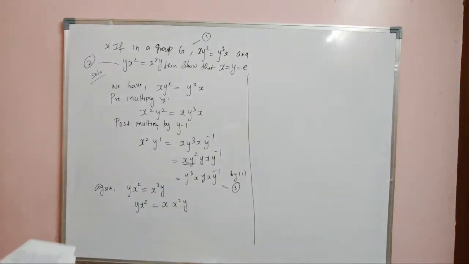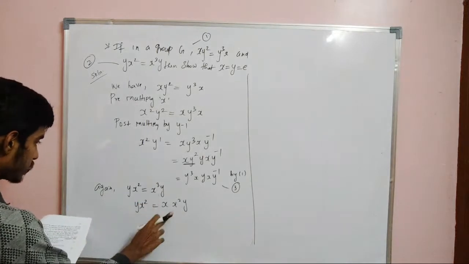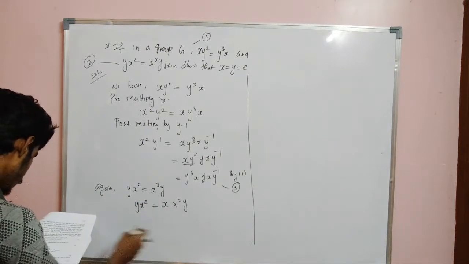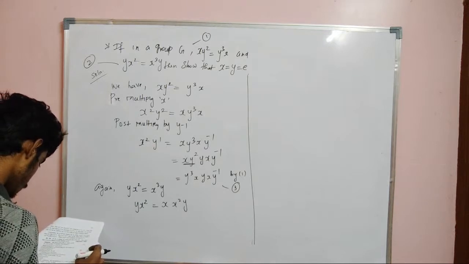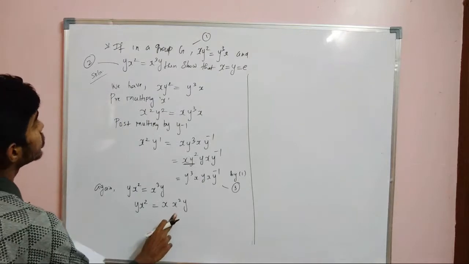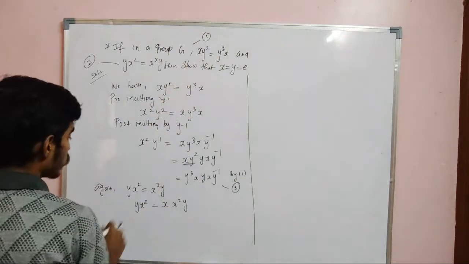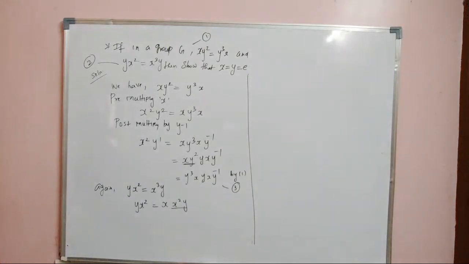So y x square is equal to x into x square y. We already know x square y is y cube x.